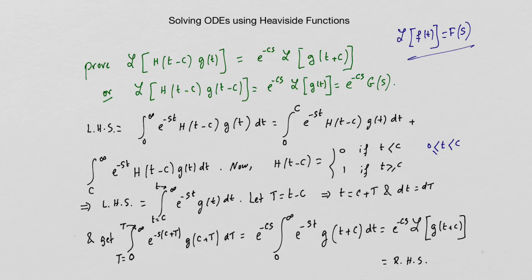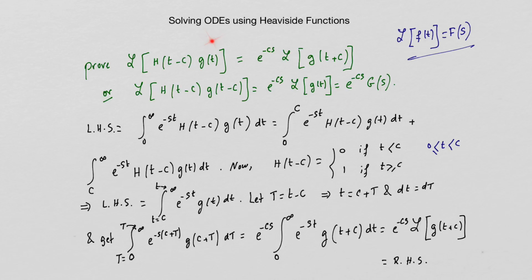And as you know, Laplace of g of t is capital G of s, definition of Laplace transform. Laplace of little f of t is capital F of s. So these are identical. If we prove this, then you get this for free, because you just replace t by t minus c in this proof, and it'll pop up.